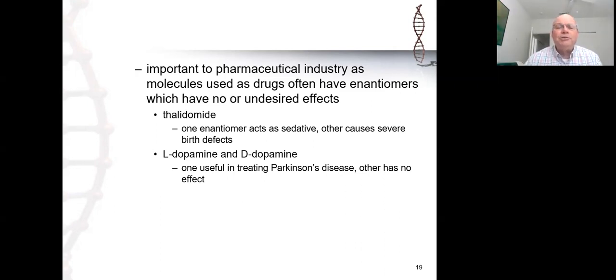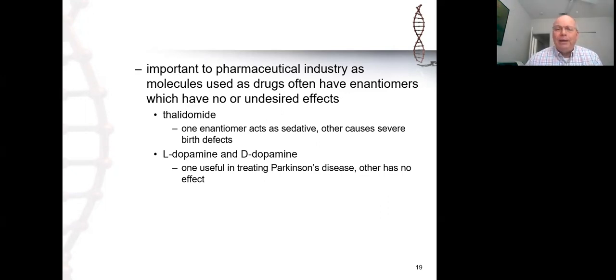If we do the chemistry in the laboratory, we don't make one of the 2 enantiomers. We make both of them together, what is referred to as a racemized mix. And you don't need to understand the term racemized or even remember the term racemized, but it means that there are equal amounts of the left-handed and right-handed enantiomer.